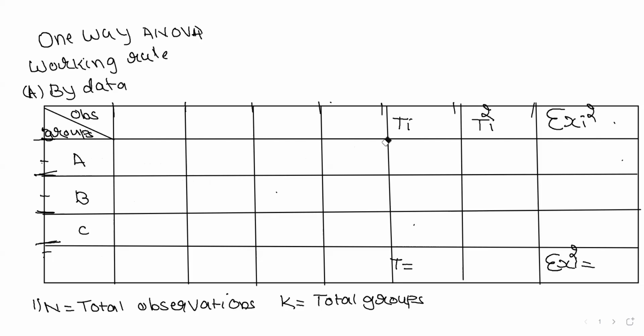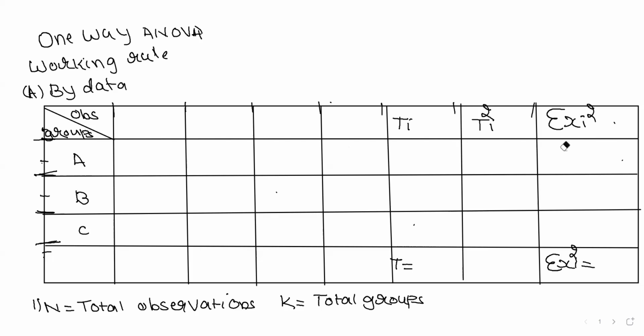Now, after that, you have to look here. These observations you have to add, that is the Ti value. Then you take the Ti square of this value. Then take the square of this, plus the square of this, plus the square of this, plus the square of this, and add them.